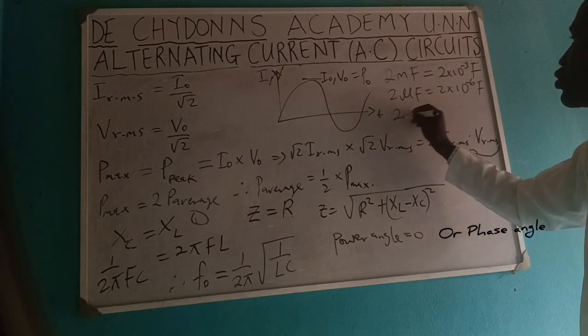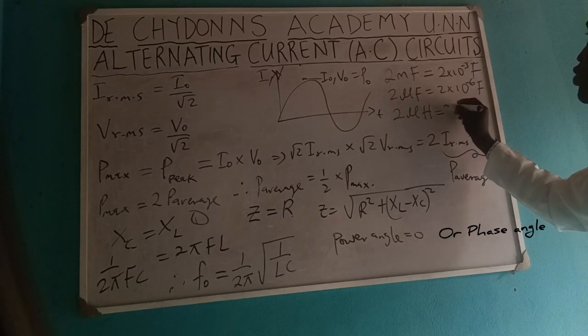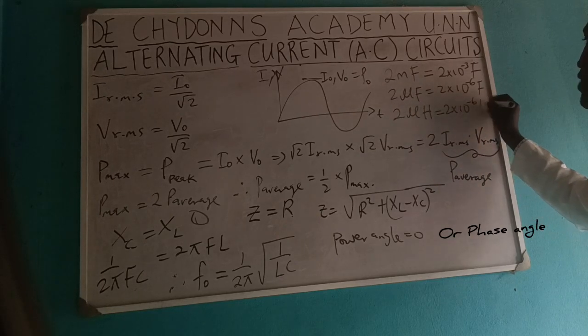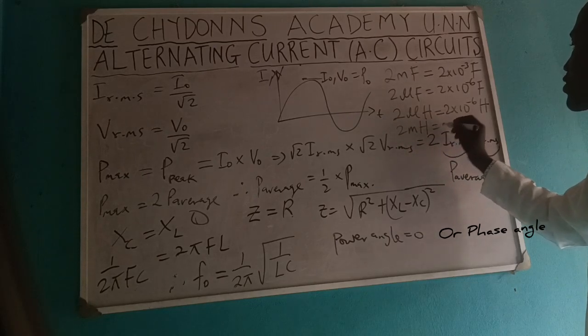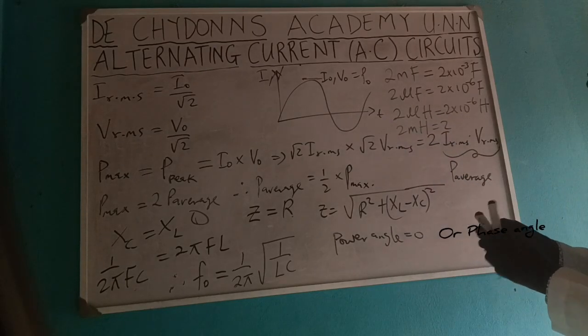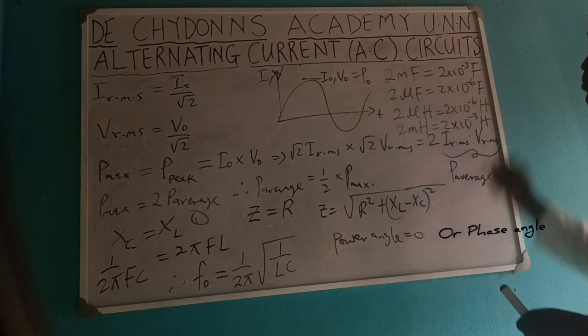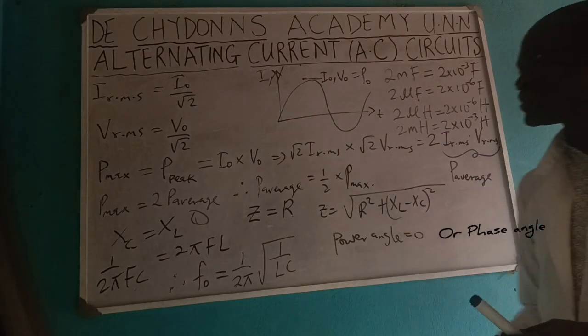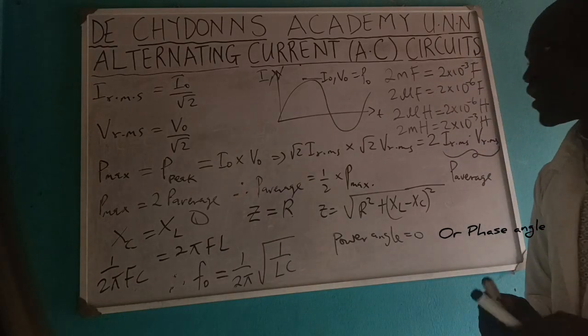If you are given 2 microhenry, it means 2 times 10 raised to power minus 6 henry. If you are given 2 millihenry, it means 2 times 10 raised to power minus 3 henry. Please note all this, very important, while you are doing your conversion.